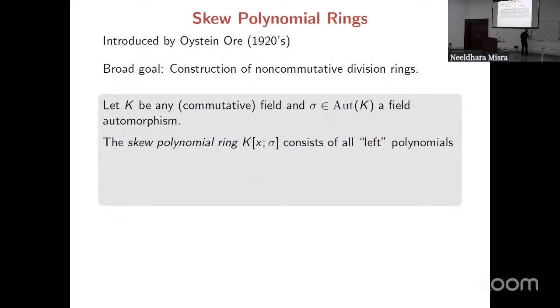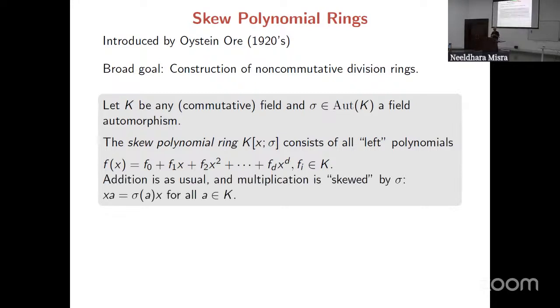But here you tag along this automorphism sigma as well. You think of the elements of the skew polynomial ring as left polynomials, which means you write it in a kind of normal form: you put the coefficient and then the variable power. So any element looks like f0 plus f1 x and so on, where the fi are scalars.